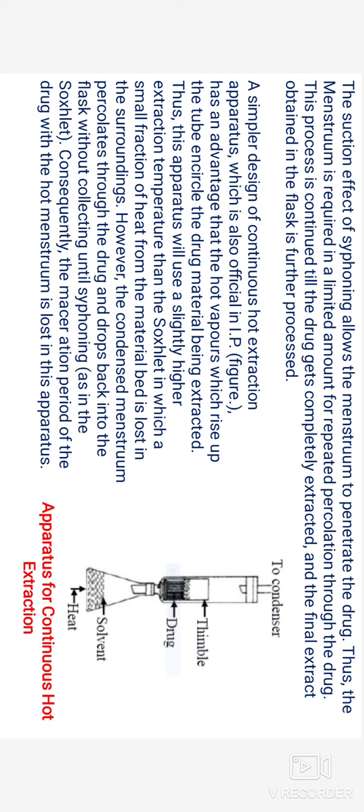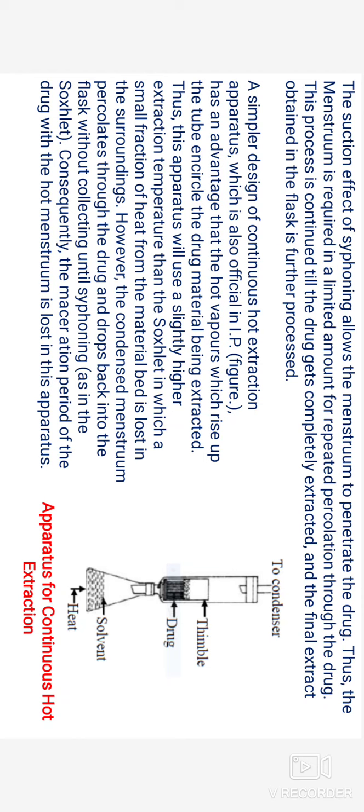A simpler design for continuous hot extraction apparatus, which is also official in the Indian Pharmacopoeia, is shown in the figure. It has the advantage that the hot vapors which rise up the tube encircle the drug material being extracted.